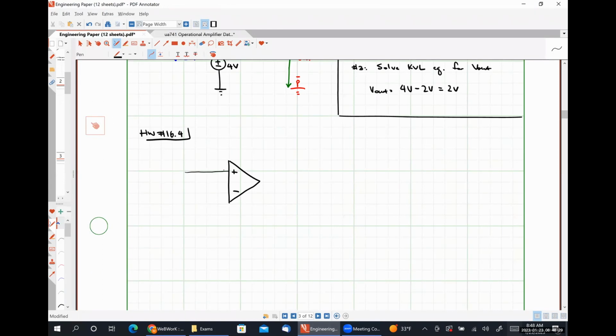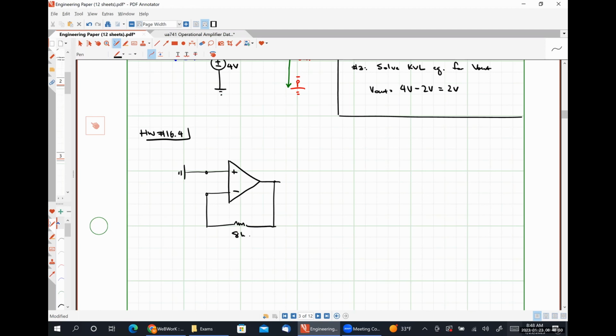So our non-inverting input was connected to ground. Then we had some feedback resistance.